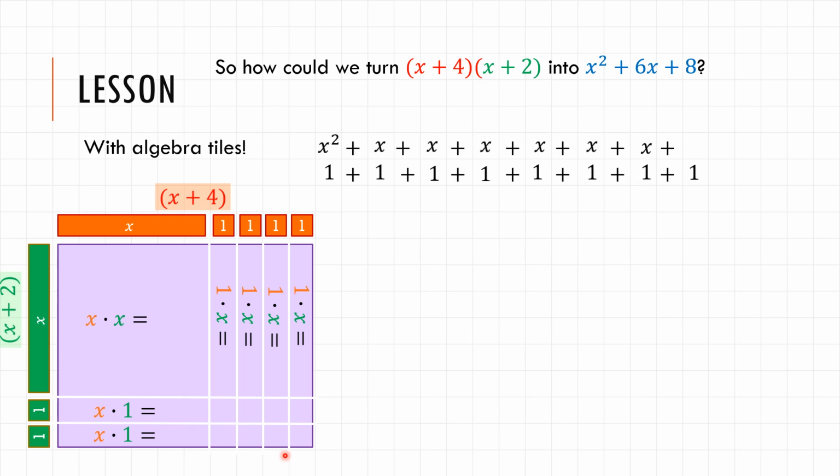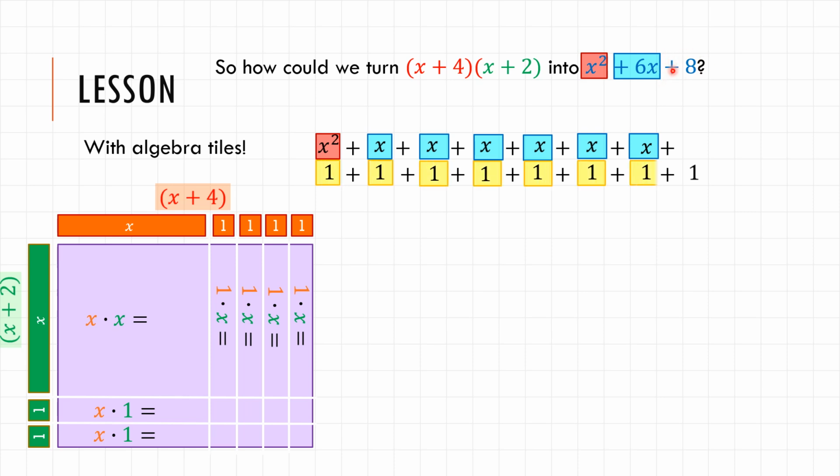In total, when I add all of these up, what do I get? Well, I've got x squared, and that's exactly what I had here, right? I had one x squared term. I had 6 x's, and look, 1, 2, 3, 4, 5, 6. I've got 6 x terms. And finally, I have 8 ones.